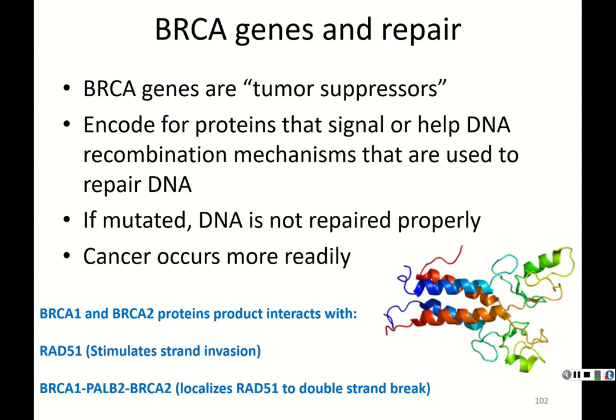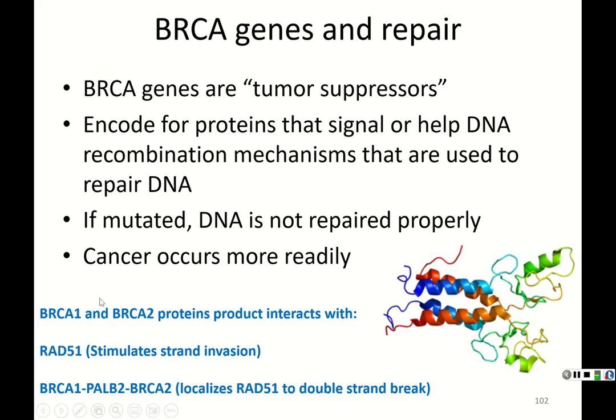And so in people that have these mutations, cancer can occur more readily. Especially with breast cancer, it's a very well-known association. And you can actually get screened genetically for this, especially if you have a history of certain cancers in your family. Okay.